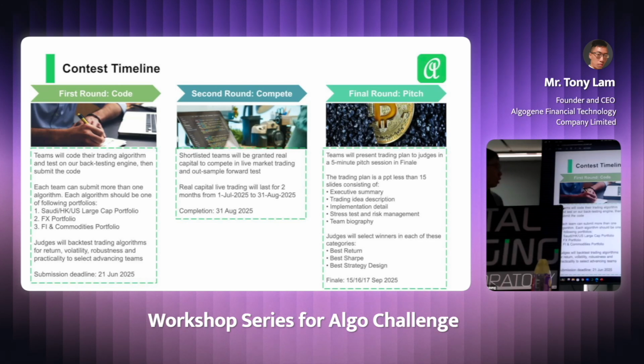The first stage is the coding stage. You will have around 1 to 1.5 months to build your strategy and do the backtesting and optimization. Once your strategy is solid, you will have another 2 months for live trading.